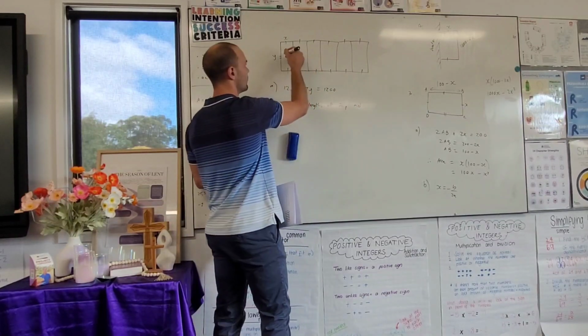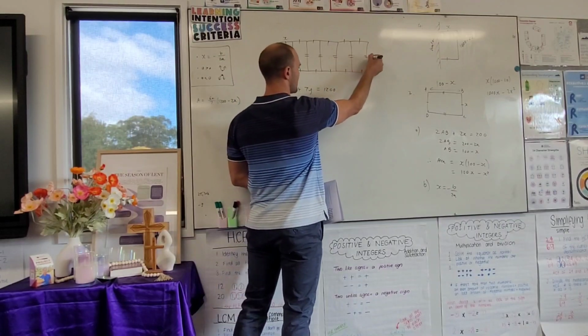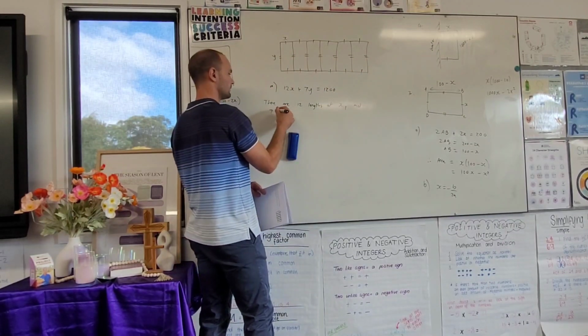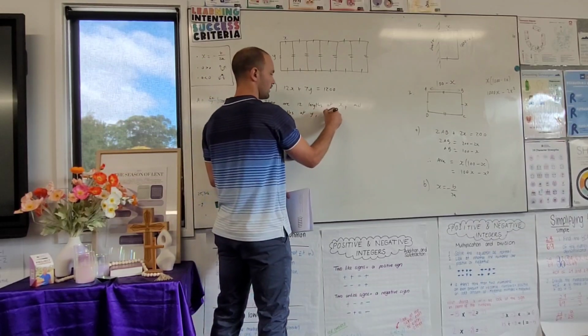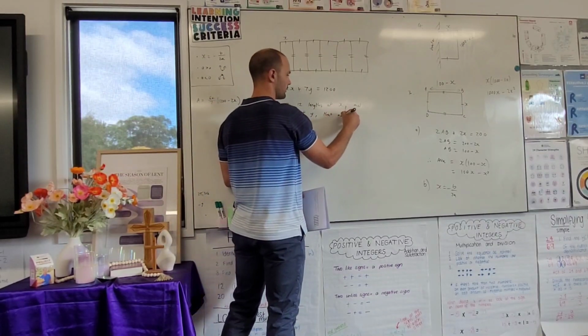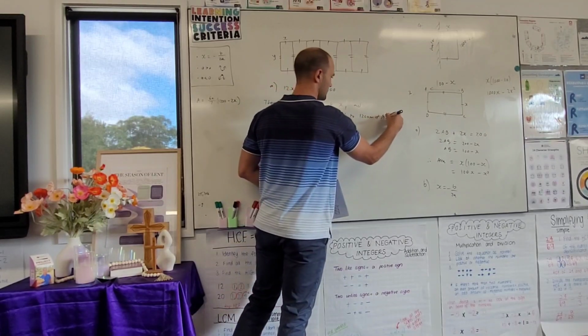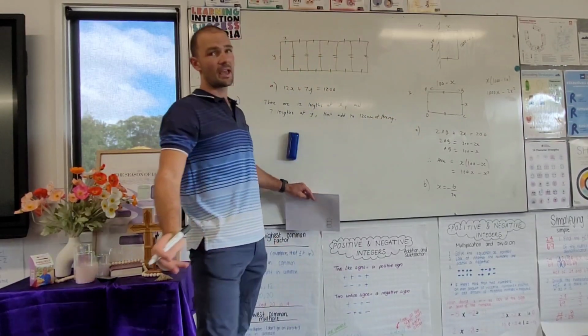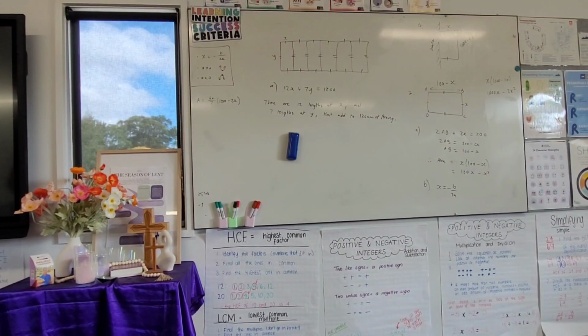And 1, 2, 3, 4, 5, 6, 7 lengths of y. That add to 1,200 meters fencing. Okay, so that's a pretty good explanation. We're just comparing the shape with this statement here.